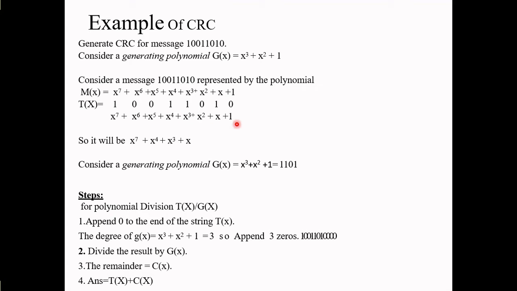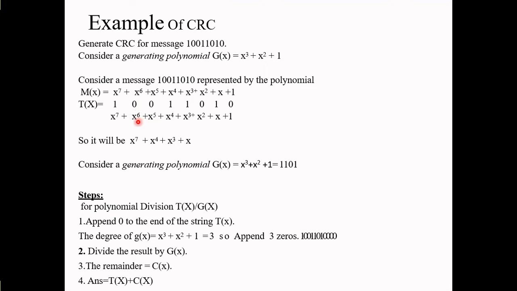Now here, the first bit is 0, and I write the bits like this: 0 1 0 1 1 0 0 1. So here 0, so 1 will not appear. Here 1, so x will appear. Here 0, so x square will not appear. Here 1, so x cube will appear. Here 1, so x raised to 4 will appear. Here 0, so x raised to 5 will not appear.